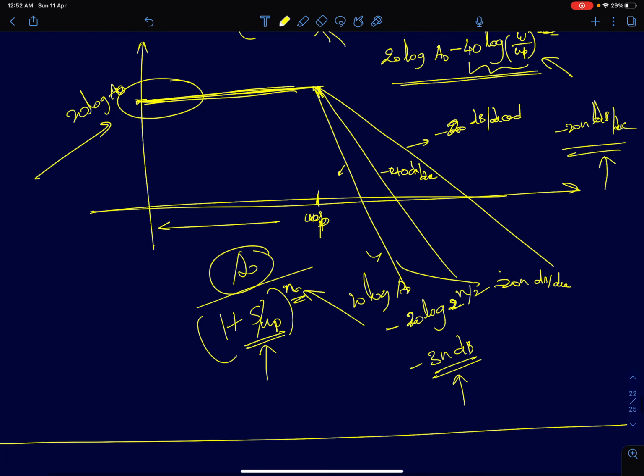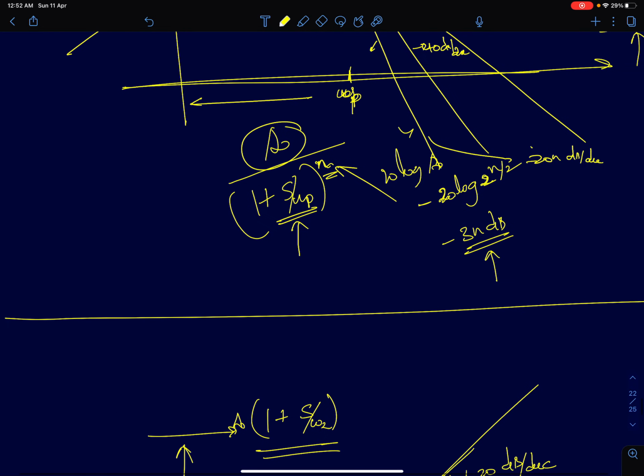The interesting thing is, what is the value at omega equal to omega p? If I evaluate this at omega equal to omega p, I'll get 20 log of A0 minus 20 log of omega by omega p, power n. You should actually apply j omega and find its magnitude.